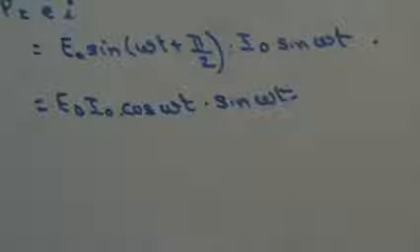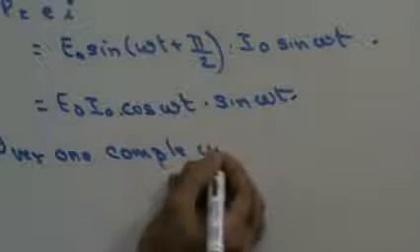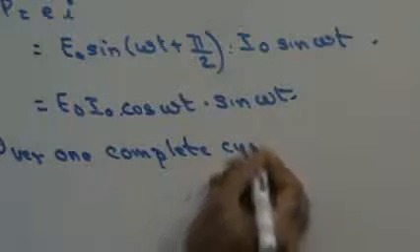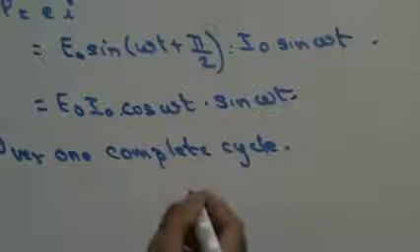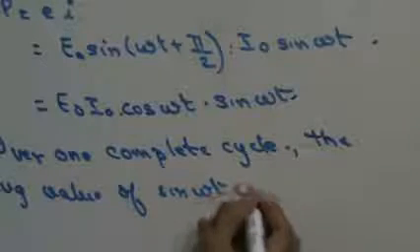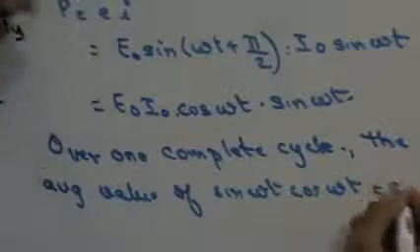Once you have this, let's find out for one complete cycle what will be the average power. Over one complete cycle, the average value of sine omega t cos omega t is going to be equal to 0.